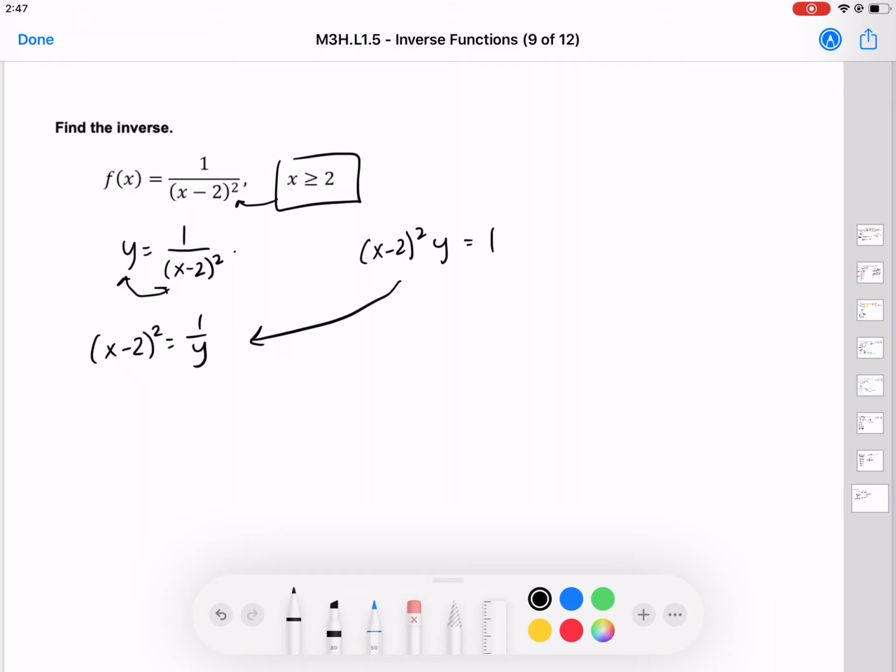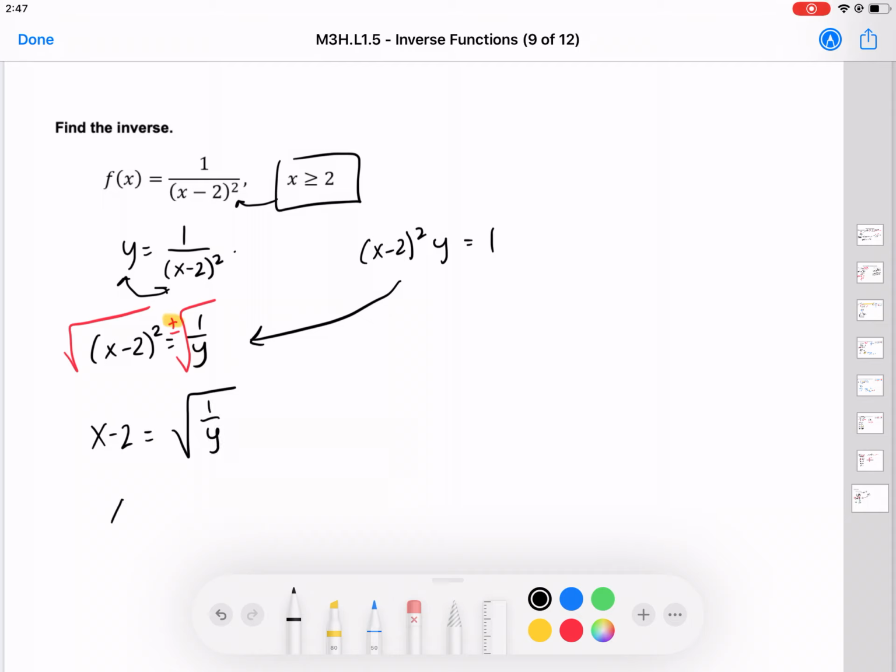From there, remember we're solving for x, so we're taking the square root. Remember, square roots have positive and negative answers, and the one we pick is all dependent on the domain restriction, which in this case, it's greater than 2, meaning it's going to be the right side or the positive values. So we're going to go ahead and say x minus 2 is equal to positive square root of 1 over y.